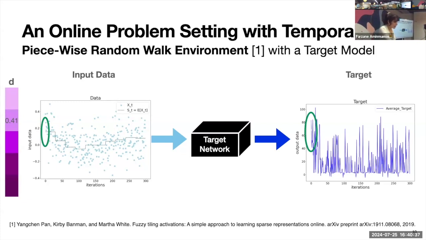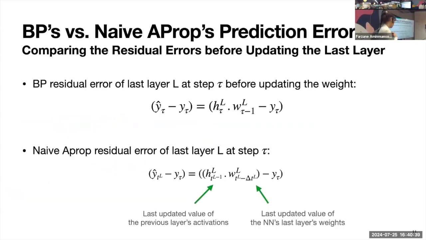So now that I have this, I want to monitor the last layer of the neural network. I want to see, if I perform parallel updates, as I described earlier, how the last layer behaves in terms of its residual error and in terms of the activation it puts out, which means the prediction of the network, right?